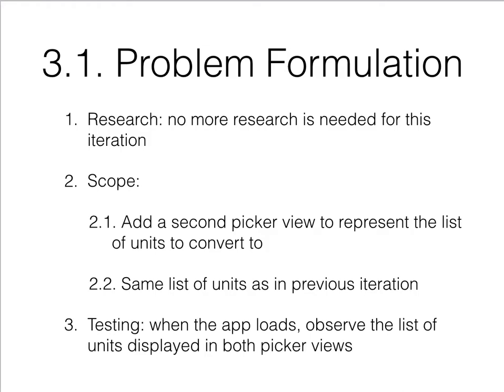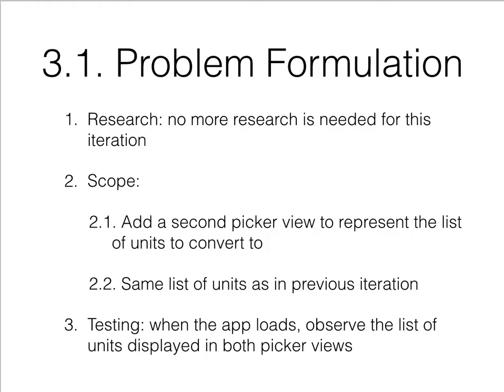So how do we go about adding a second picker view? We understand how a picker view works, so no research. The scope of this iteration is adding a second picker view to represent the same list of units. Since you need the same set of units to convert from and to, both picker views will display the same set.